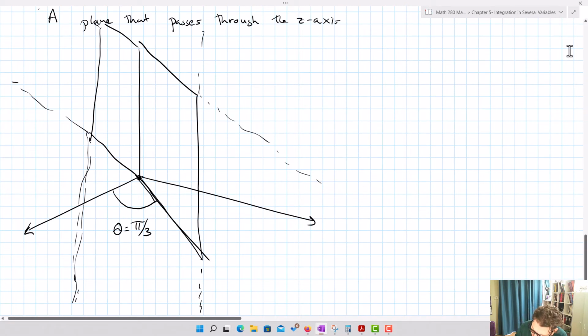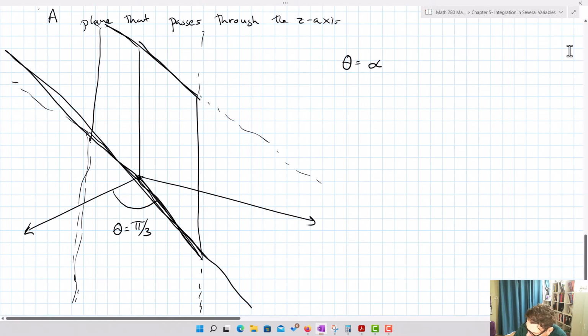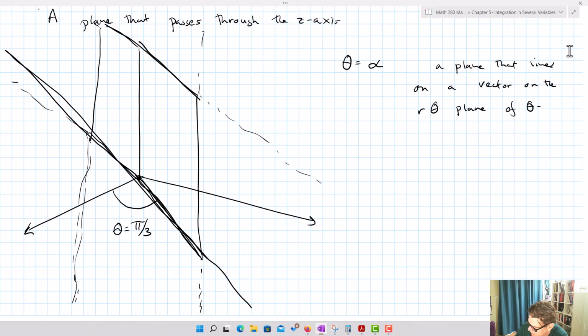So theta equals pi over 3, any value for r is going to allow us to move backwards and forwards on the r theta plane, okay? And then any value for z is going to allow us to go up and down. So any plane that passes through the z-axis can be written as theta equals some alpha. So theta equals some alpha is a plane that lies on, basically a vector on the r theta plane of theta equals alpha.